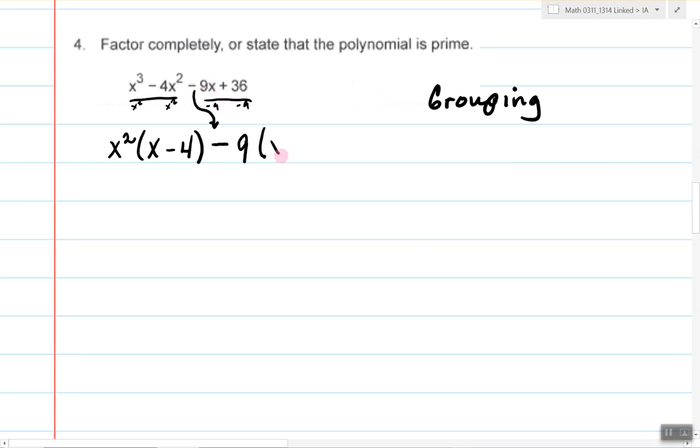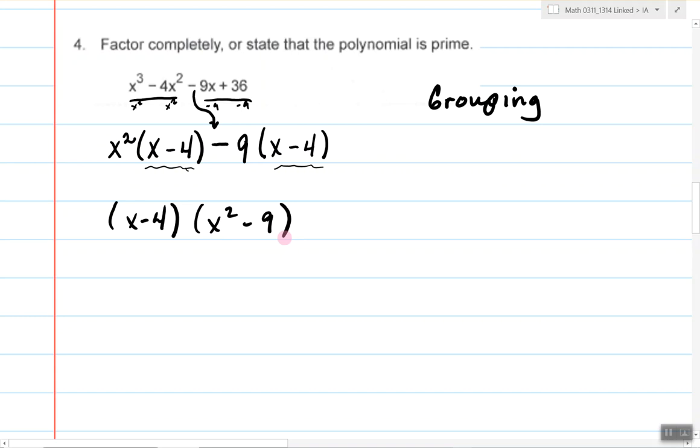Negative divided by negative is positive x. Positive divided by negative is negative 4. Now I have a common binomial factor, and I'll put it in front as x minus 4. My leftover factor is x squared minus 9.